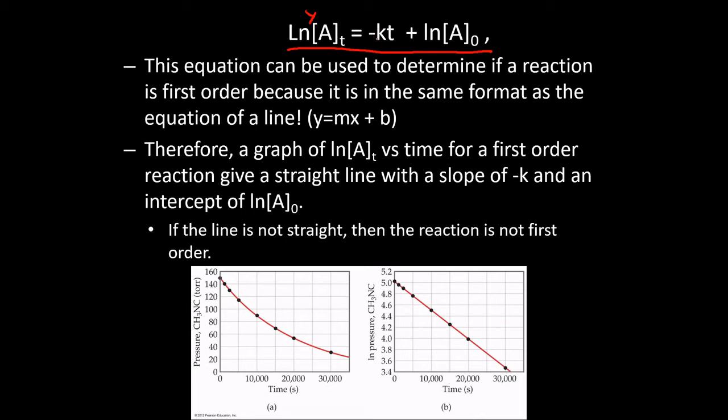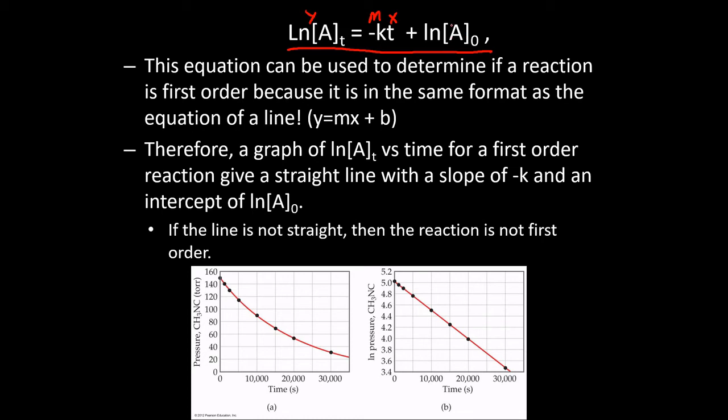K, which is a constant, is the slope, or more specifically negative k is the slope. T is the variable x, and then the natural log of the initial concentration, which is what this A naught, that's what we would call that, A naught.